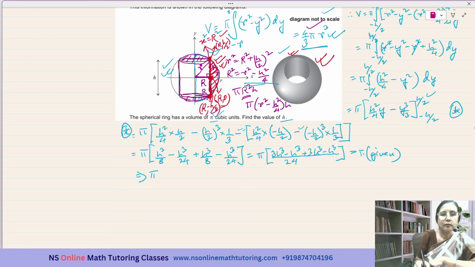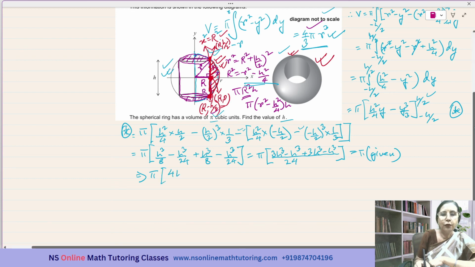Okay, so 4h cube over 24 equal to pi, and I can cancel these two pi's and these also get cancelled. 4 times 6 is 24, therefore I am having h cube equal to 6, or h, I'm taking the cube root.